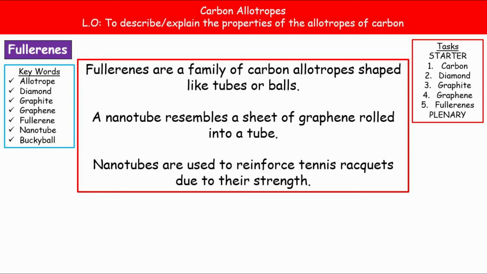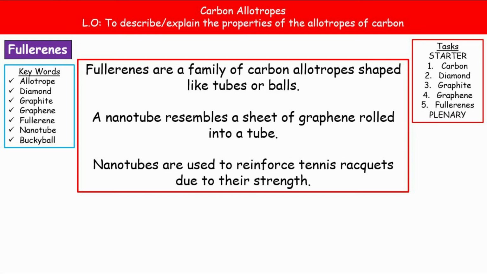The next structure is the group called the fullerenes. Now, fullerenes are actually a whole family of carbon allotropes that have shapes that are either tubes or balls. So we've got nanotubes, which is basically like we've got a sheet of graphene that we've rolled into a tube, kind of like a straw. And we're going to use these nanotubes, and they're tiny things.